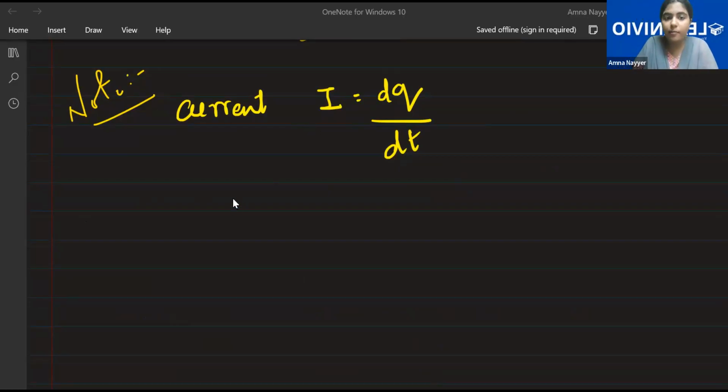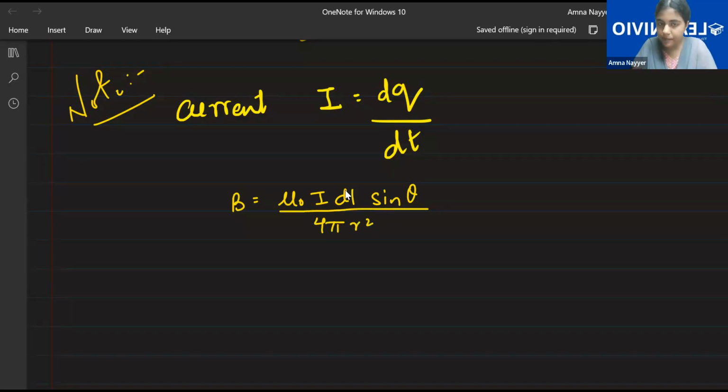Now, the formula of magnetic field is mu naught I dl sine theta divided by 4 pi r square. Now, class, if I write down this formula here, I substitute it here. B is equal to mu naught by 4 pi.